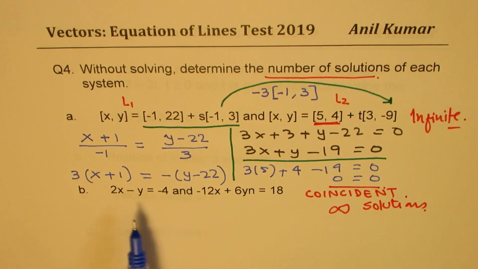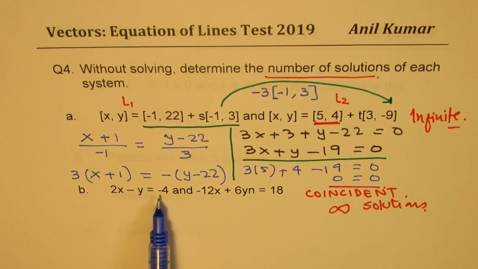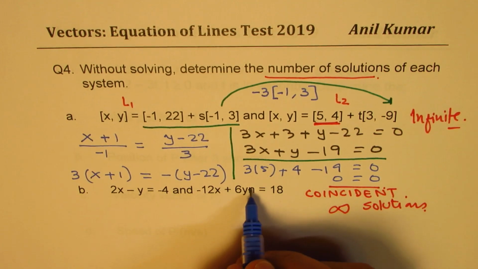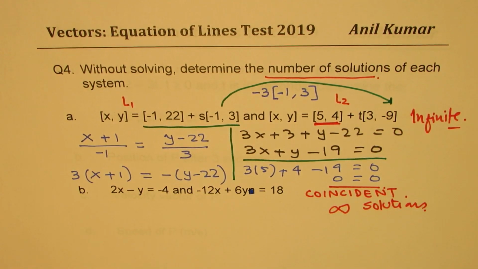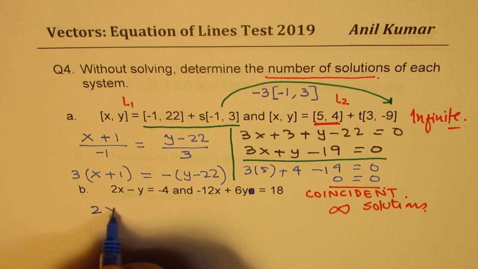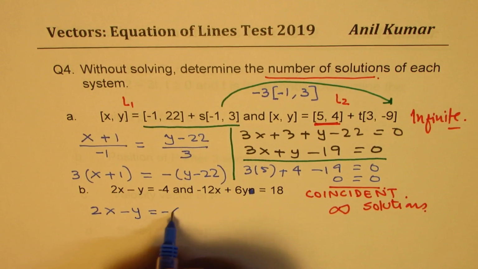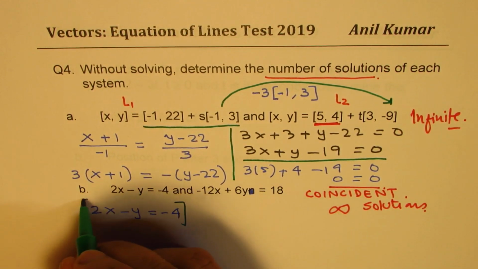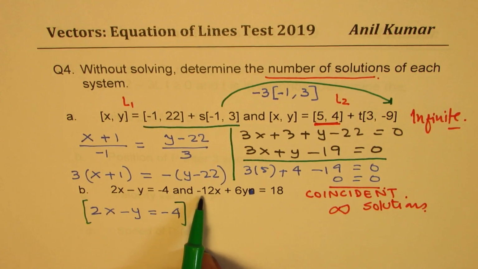So it is 2x minus y equals -4, and we have -12x plus 6y equals 18. Correct? Now let's look into it. So if I start with the equation 2x minus y equals -4, and if I multiply all this, we are looking for -12 here, right?